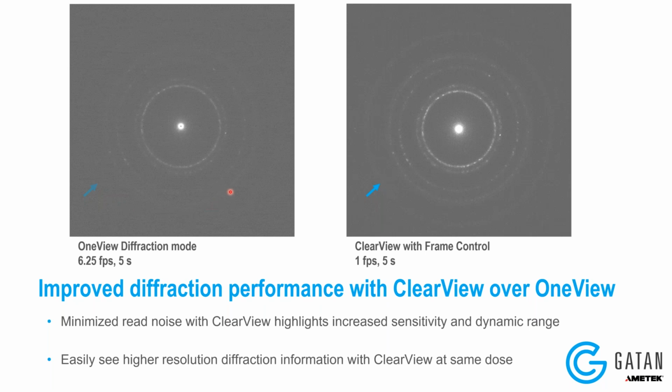So you can see higher resolution information with the ClearView camera at the same dose rates because you have this frame control capability. And also, you have some other advantages of the ClearView camera over the OneView camera in diffraction mode. And one of those is the dynamic range of the camera.